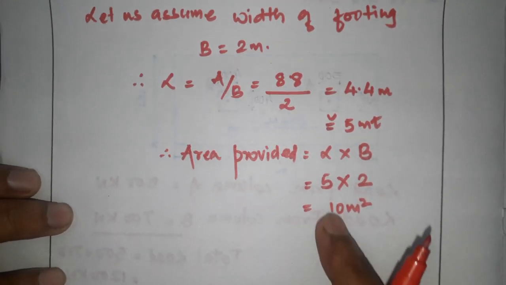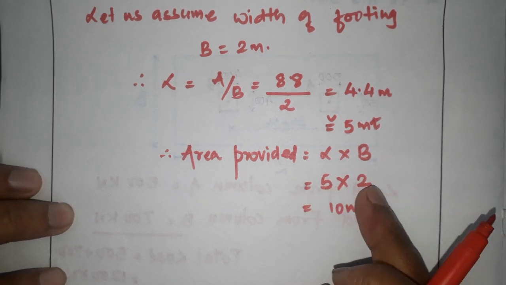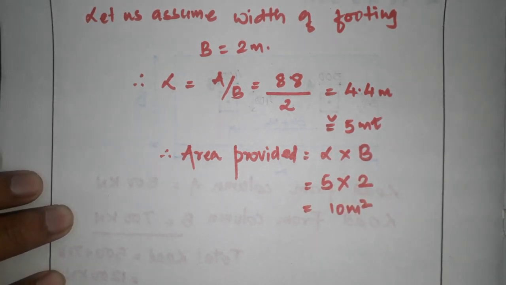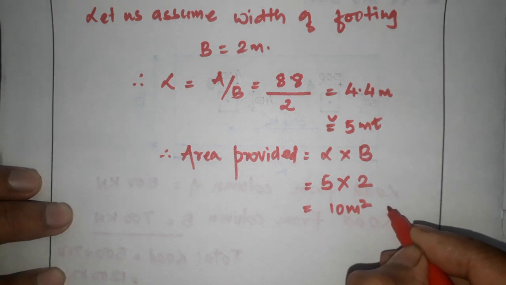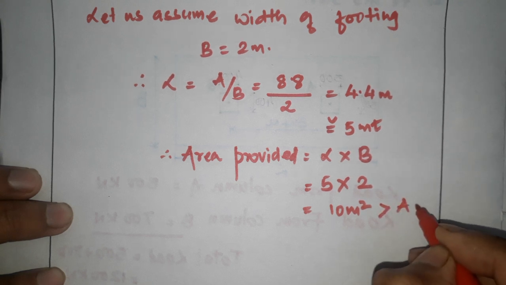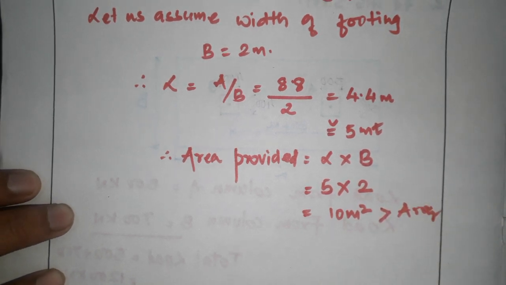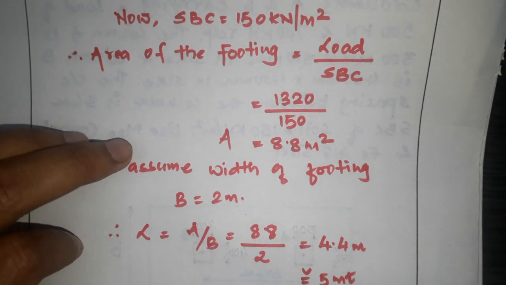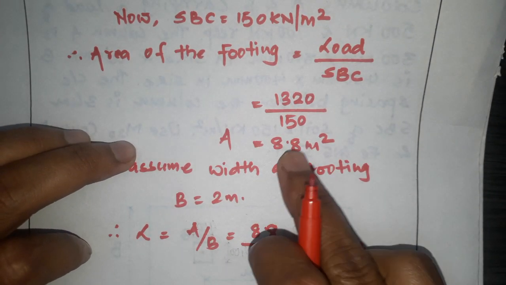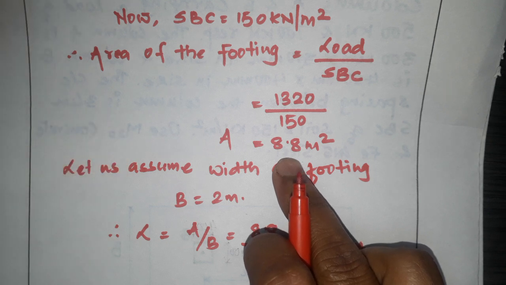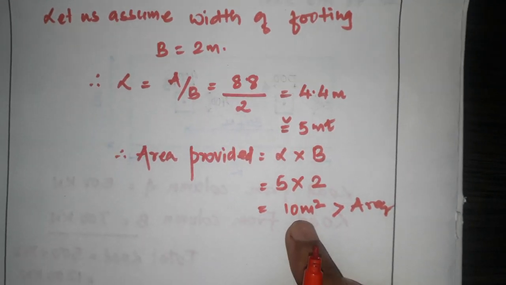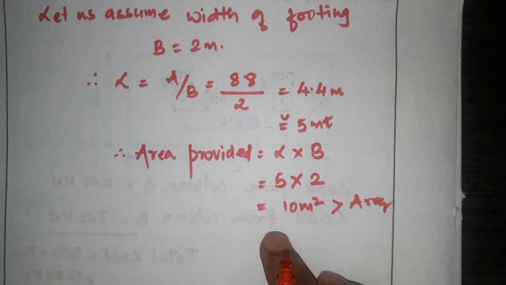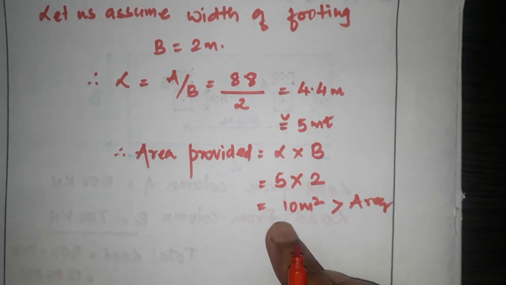For the safer side, the area provided should always be more than the area required. The required area was 8.8 meter square, and we have 10 meter square. Okay, clear?